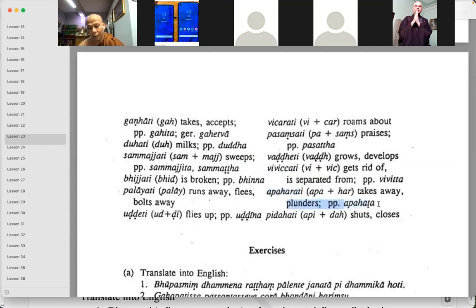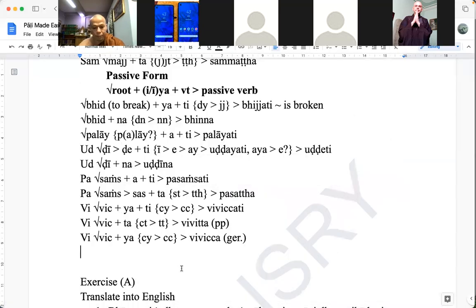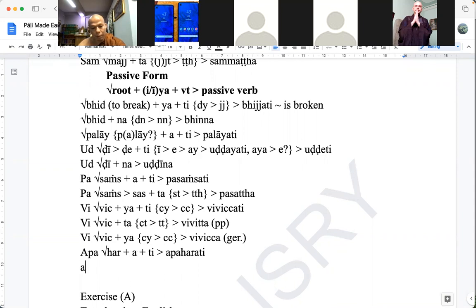Okay. And the abaharati. Okay, that is abba prefix ruhara, and the sign are and the takes away, and the abahata. Okay, abahata for the past participle. So because of ra sound, that becomes the dot with the dot. Abahar and then the for the verb for simple. So abaharati. But for the past participle, abba prefix ruhar.